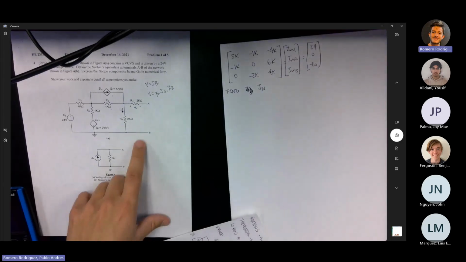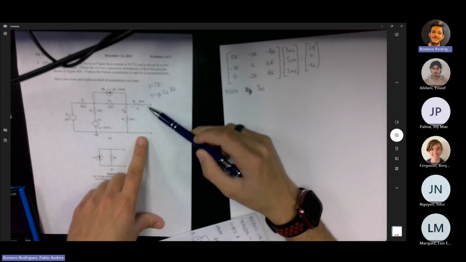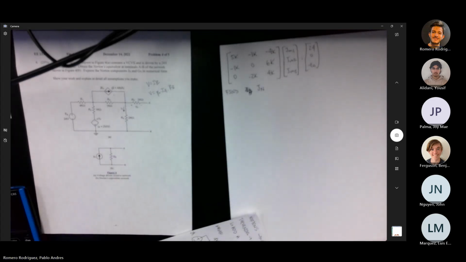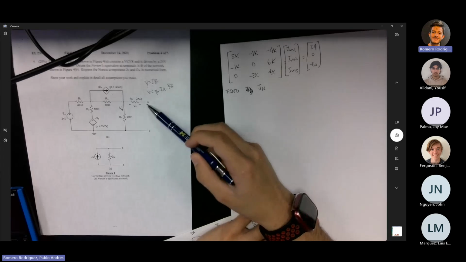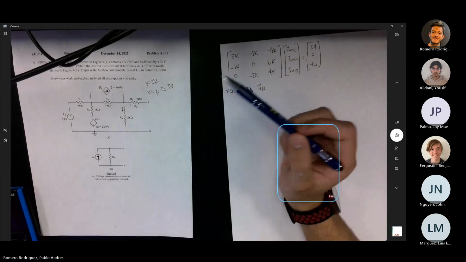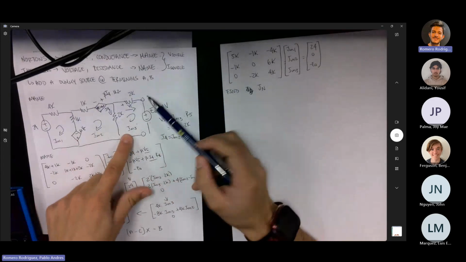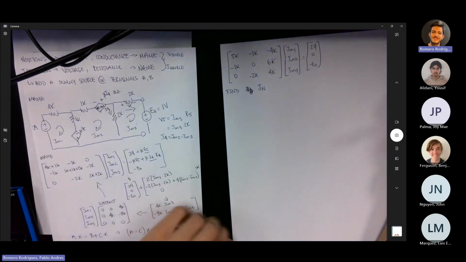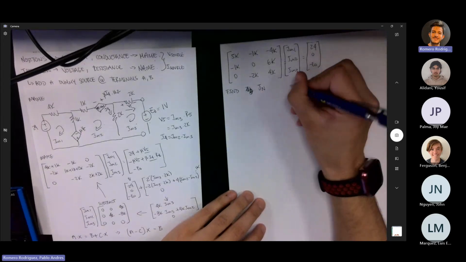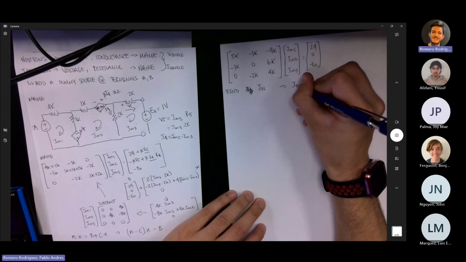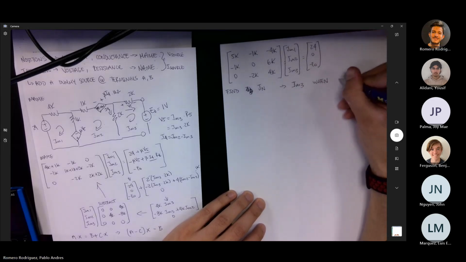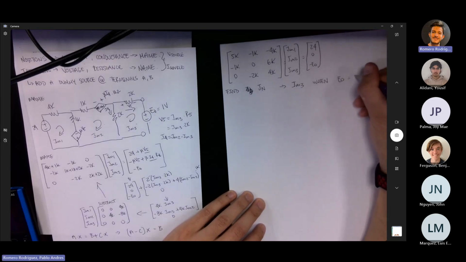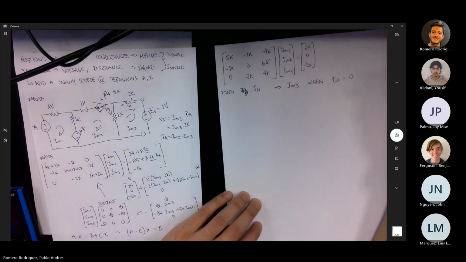To find JN, you're going to ask yourself, what current is important for terminals A and B? Current 1, 2, or 3? 3. So you're going to find JN, right? That means you need to find IM3 when E0 is equal to 0, right?